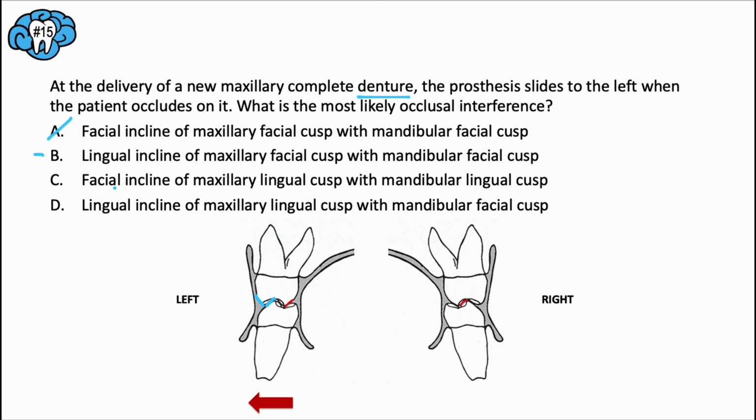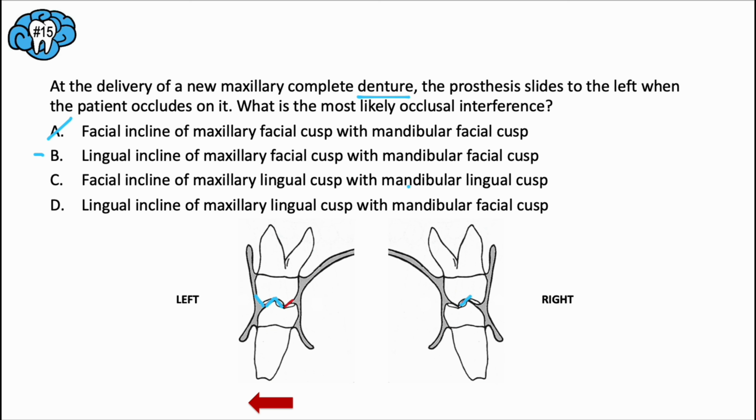Option C, facial incline of maxillary lingual cusp. Okay, so that's going to be this incline with mandibular lingual cusp. All right, let's be careful. It doesn't look like that's one of the red lines on the diagram, but if we go over to this side, the facial incline of the maxillary lingual cusp is one of those red lines.